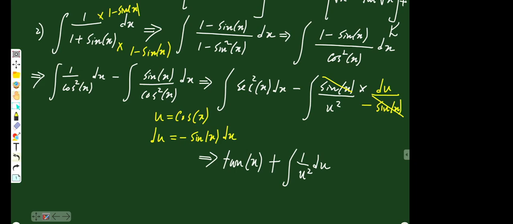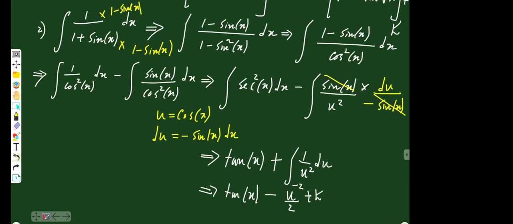Okay, so that would be tan x minus u to the power of minus 2 plus 1, what? Minus 2 plus 1 is minus 1, right? So it's going to be u to the minus 1 divided by minus 1, plus k. Am I right, Aman?